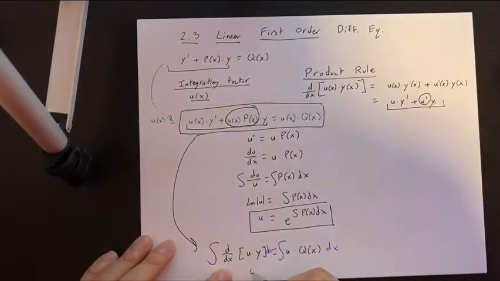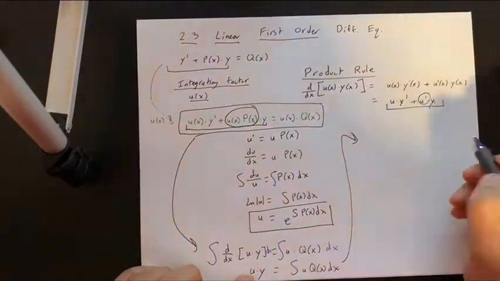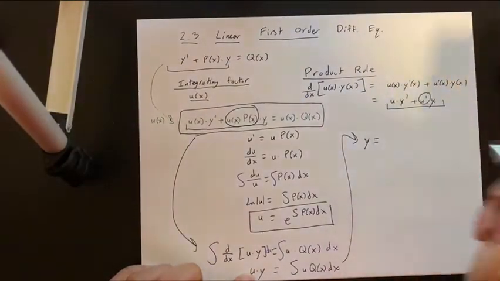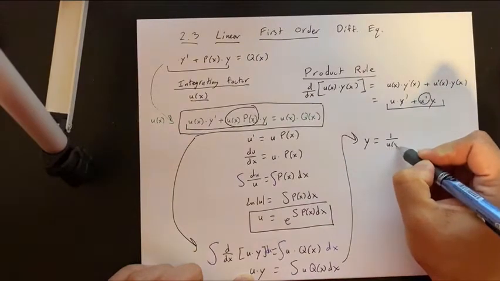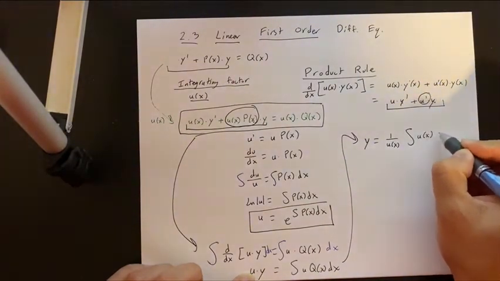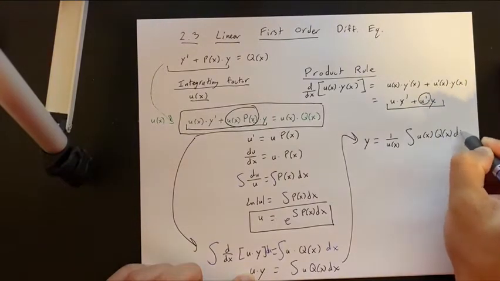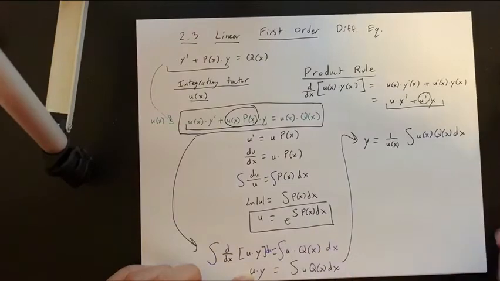And the left side is just u times y, and the right side is simply the integral of u times q of x dx. And we are one step away from getting the answer of what y should be. And y is going to be 1 over u of x times the integral of u of x q of x dx. And u is this integrating factor.